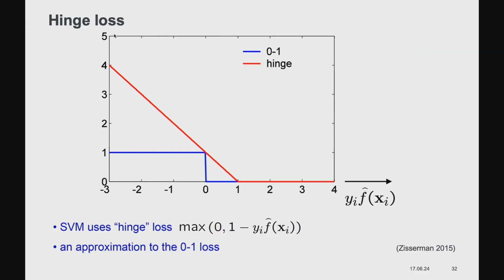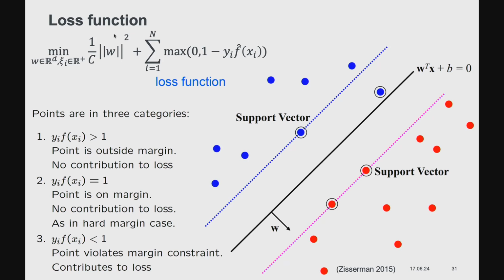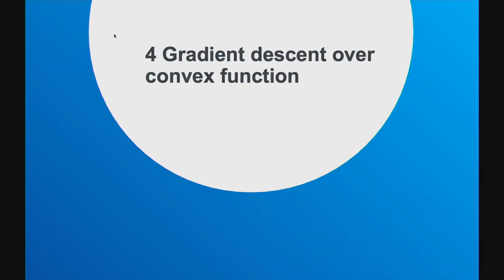And now, of course, since we have this loss function, what we can always do is gradient descent, just as we did for the perceptron. For the perceptron, we had some mistake, so we just changed our weight vector in order to make this mistake smaller, to reduce the loss.